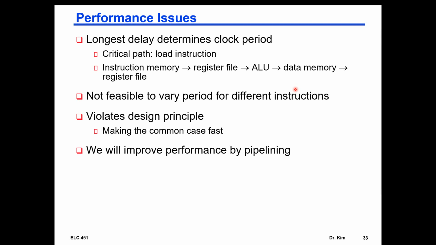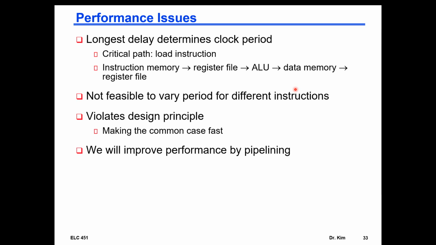Now, one way to improve that is to use an implementation that uses a variable CPI, and you have seen that in your lab number 3. Some instructions took more clock cycles than others, depending on the specifics of the instruction.